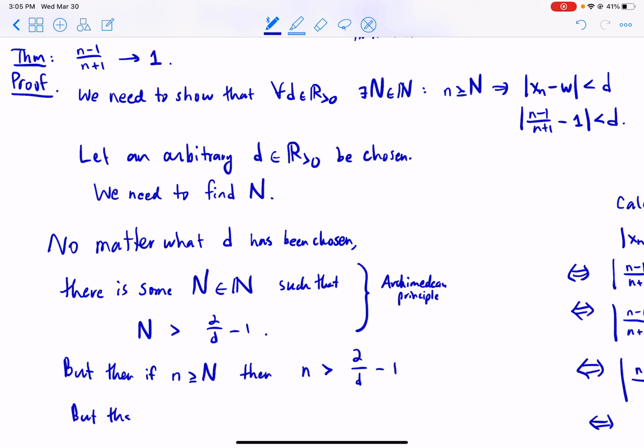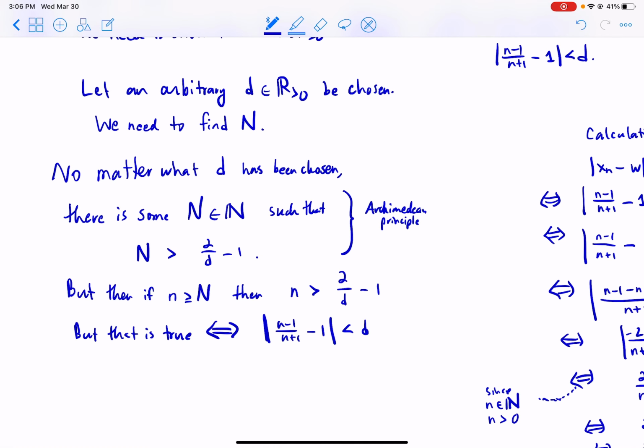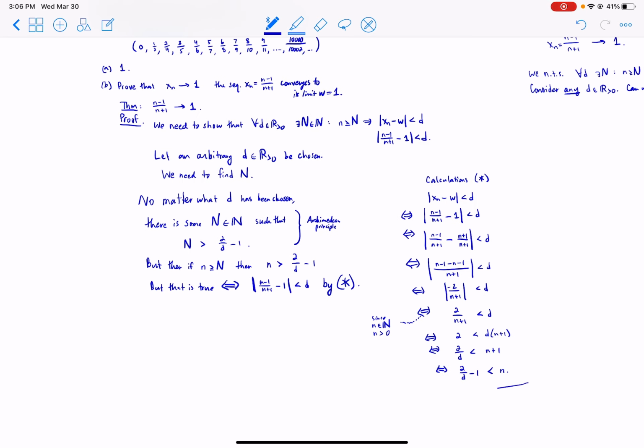But that is true if and only if the absolute value of x sub n minus w is less than d. Or in other words, if and only if the absolute value of (n minus 1) over (n plus 1) minus 1 is less than d. And why is that true? By my calculation star, which I put here.